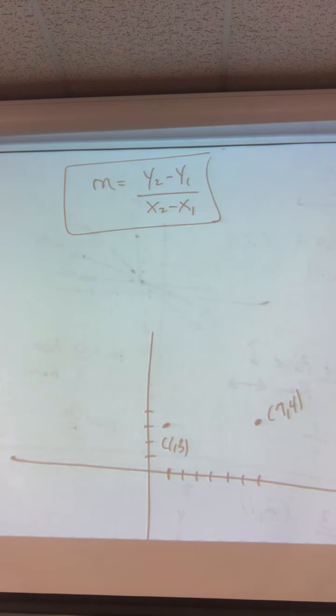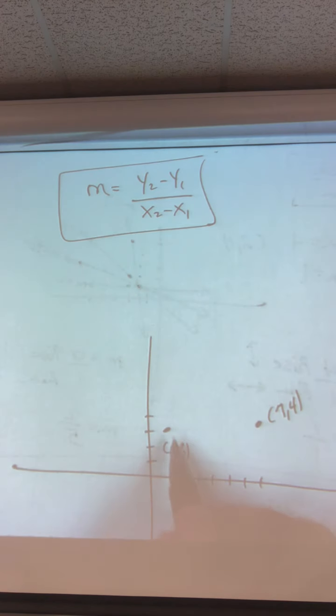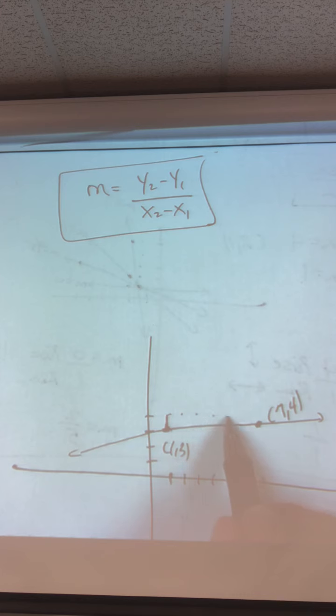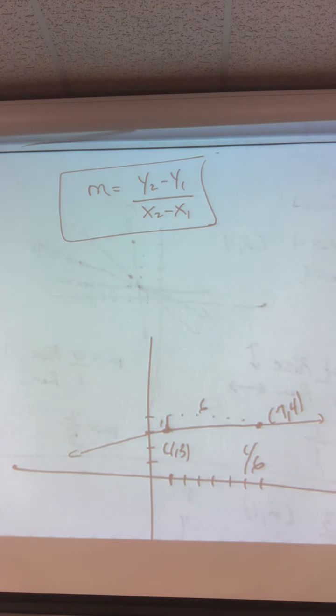Now, watch, here's my line right here. Watch what happens if I go from right here to right here. How do I get there? I go up 1 and then over 1, 2, 3, 4, 5, 6. So I went up 1 and over 6. And that's the slope that we got.